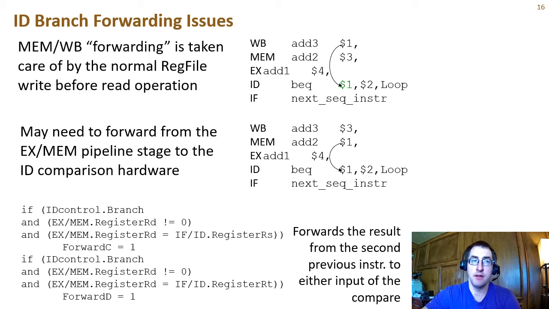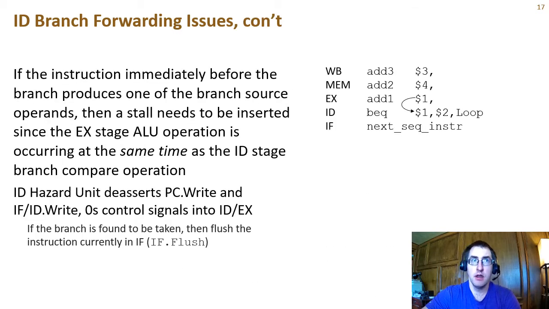These forward signals will be controlling two multiplexers, similar to how data forwarding is done for the ALU. When the instruction that's immediately before the branch instruction writes to one of its source operands, we have to wait at least one cycle for that operation to produce the value that's needed for the branch comparison.